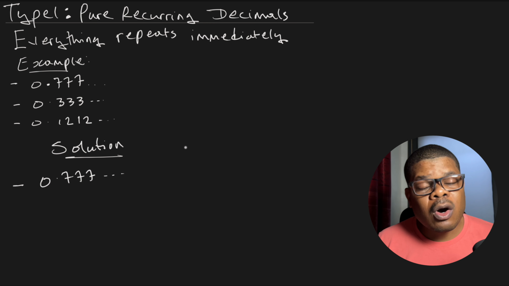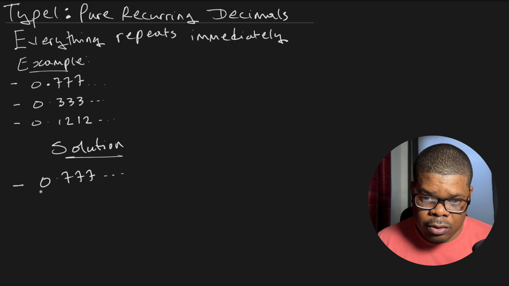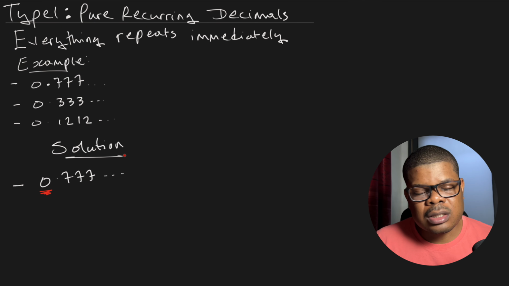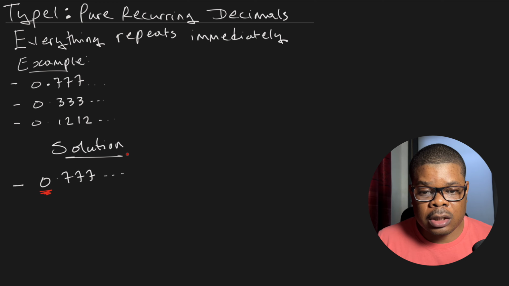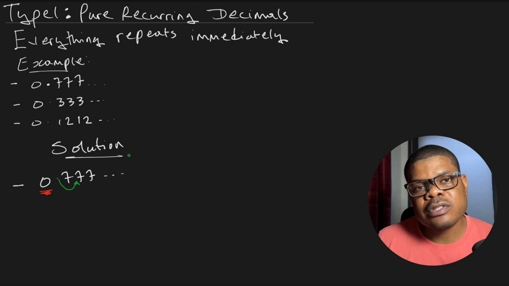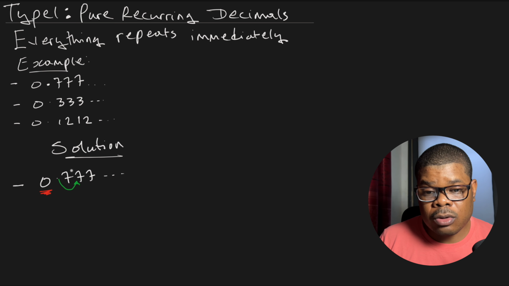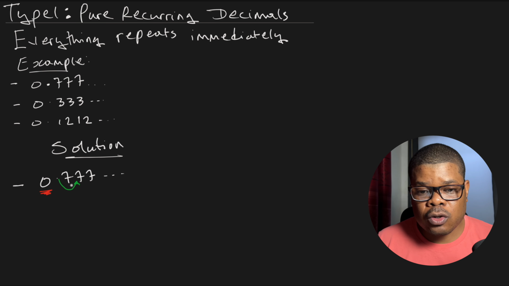Okay, so the first one is 0.777... Now our aim in solving this is to get rid of this 0 right here. We want a whole number there and not 0. For us to achieve that, we have to move the point so that we have 7.777... like that, and one way we can do that is to multiply by 10.